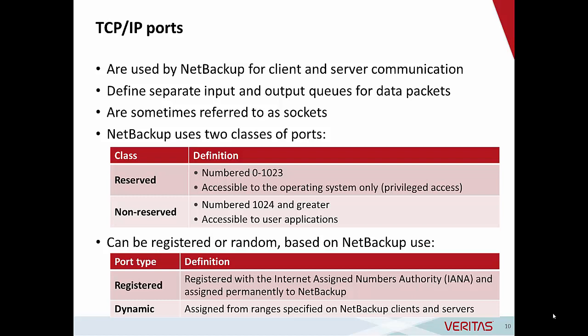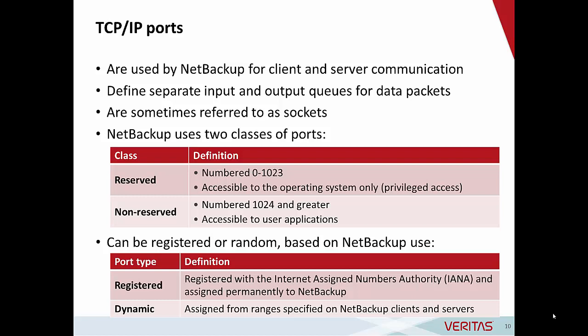And so NetBackup uses processes such as PBX and VNetD to cut down on its port usage between hosts. In most cases, those two ports, the VNetD port and the PBX port, are the only ports that are used between hosts, although there are some NetBackup features that will sometimes require opening additional ports.